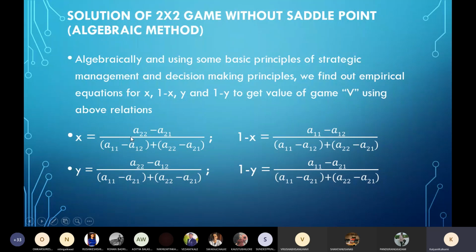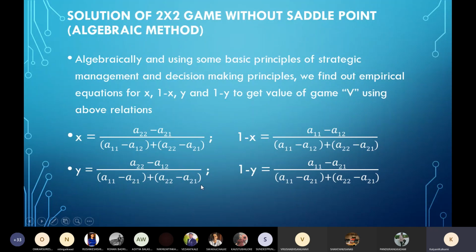So x is a22 minus a21 upon a11 minus a12 plus numerator मधली term as it is घ्यायची a22 minus a21. Okay. Y is a22 minus a12. Here denominator remains same as x. Okay. इथे परत वरची व्हॅल्यू इथे घ्यायला नाही जायची.